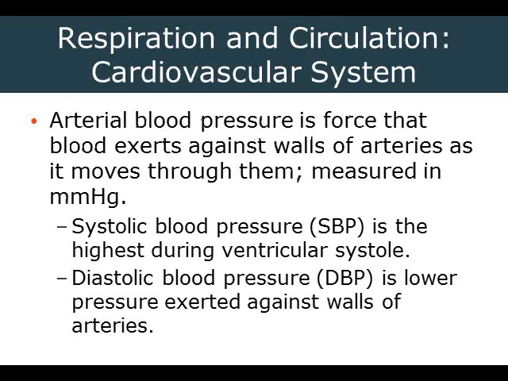So blood pressure itself is the pressure within the arteries on the artery wall during systole, or the heart at work. Diastolic blood pressure is that pressure exerted against the walls of the arteries at rest. So that shouldn't be earth-shattering news there.